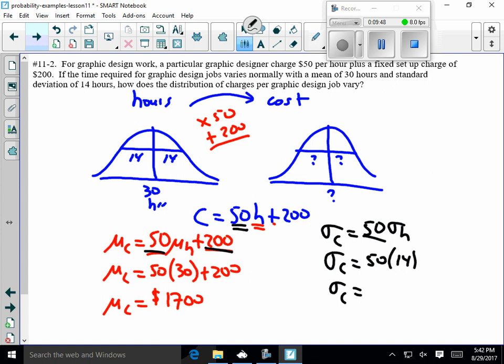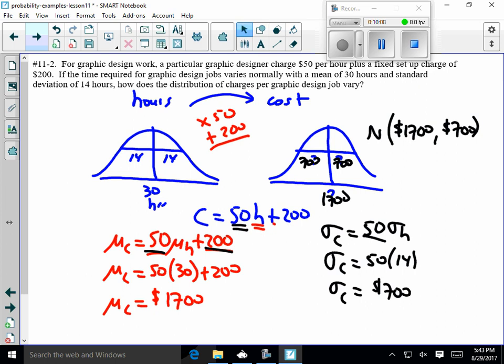So this ends up being $700. Right, so this is a normal curve with a mean of $1,700 and a standard deviation of $700. So this would be 1,700 here and 700 here. Okay, so the thing to remember is that multiplication affects everything, but shifting, adding, and subtracting only affects measures of the center.